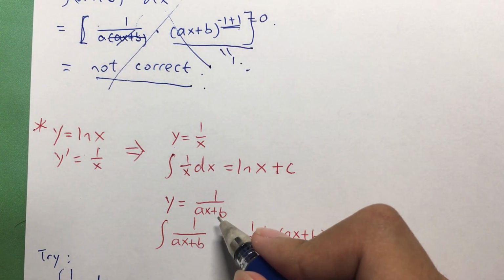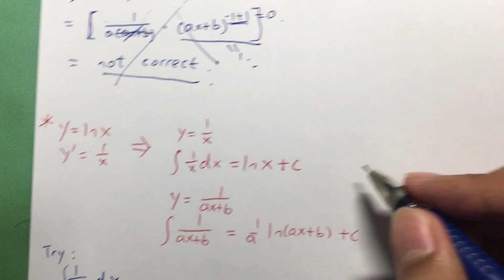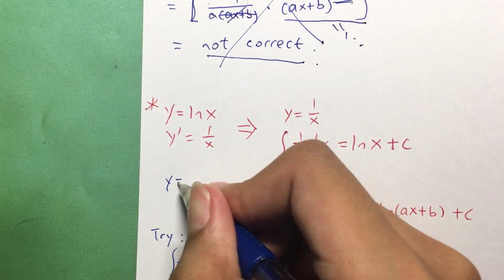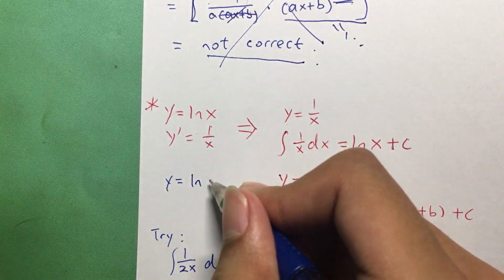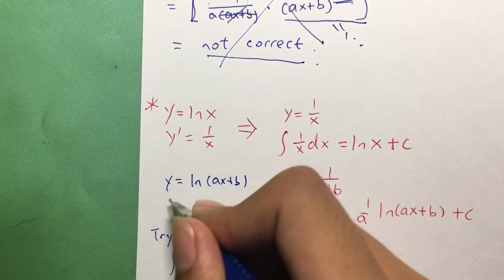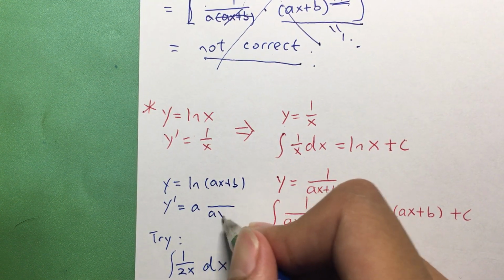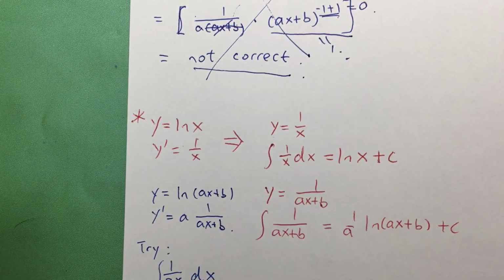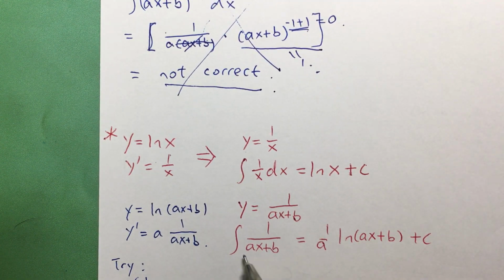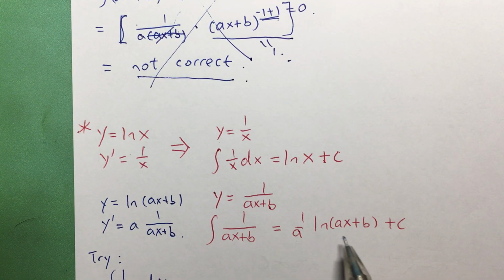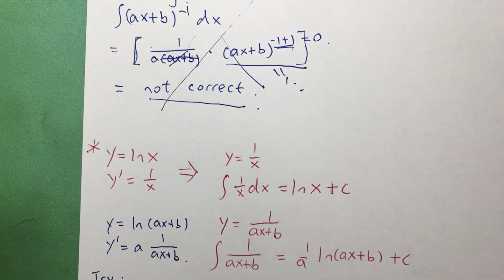And for y equals 1 over ax plus b, because we know that if y equals ln of ax plus b, then y dash is equal to a times 1 over ax plus b. So here we need to divide by a at the front, so we have 1 over a times ln of ax plus b, plus c.